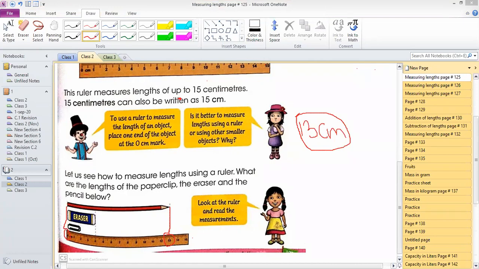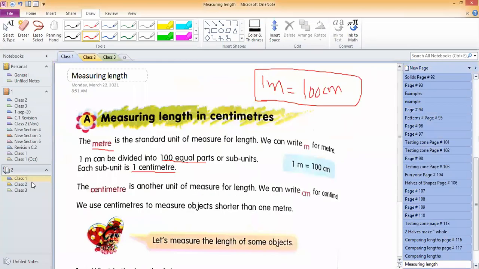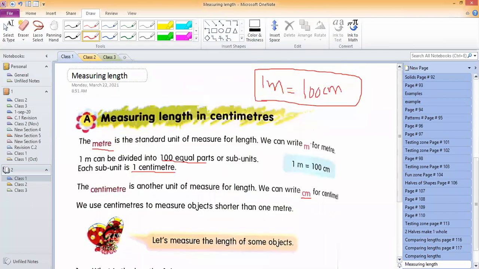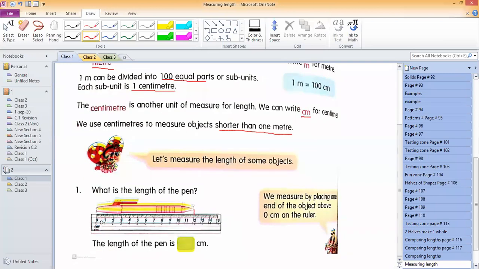Very good. Coming to the book again, coming to this page again, guys. Centimeter is another unit for measuring length, and we can write centimeter as cm, as I write here. We use centimeter to measure objects which are shorter than 1 meter. Here we are going to measure the length of the pen.